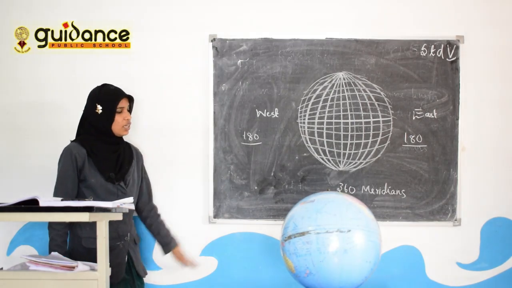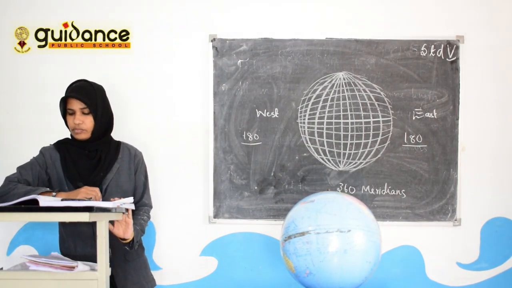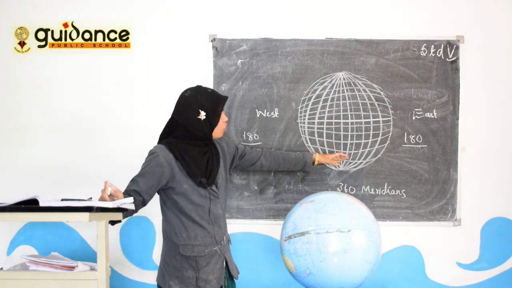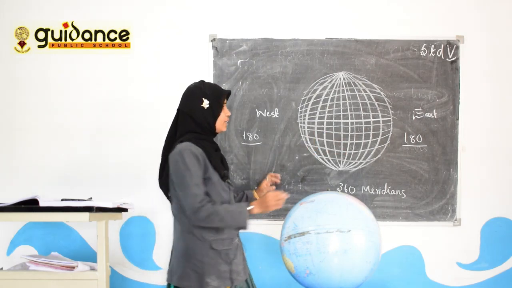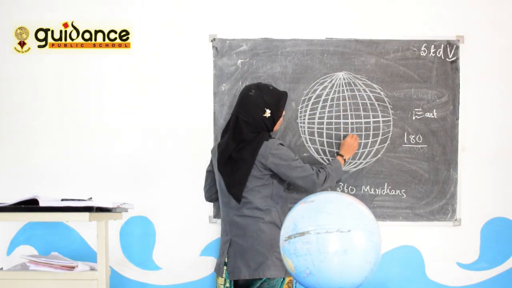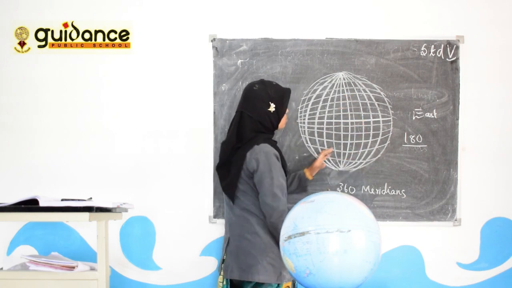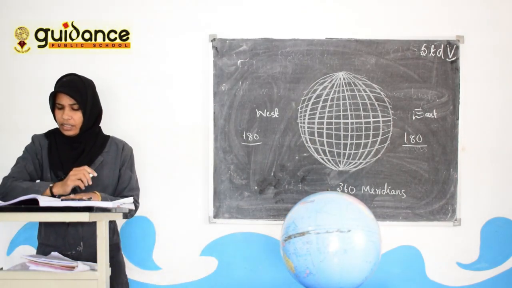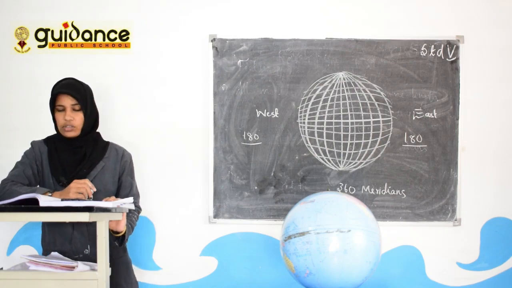Then, next one is locating places on the globe. The parallels and meridians form a network of lines on the globe. This is called a grid. Then we use it to locate places on the globe.